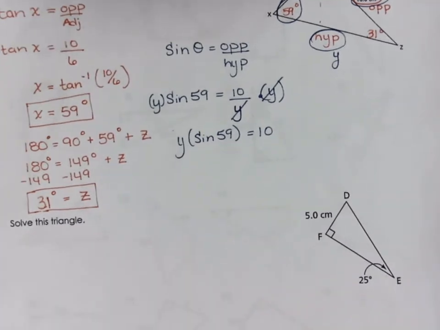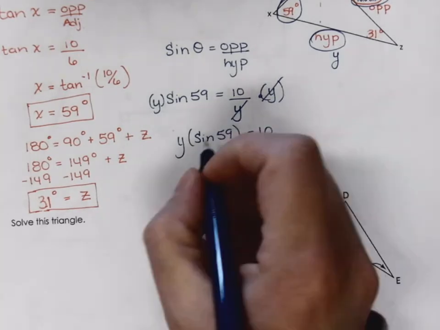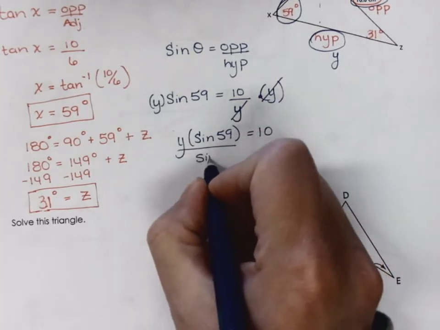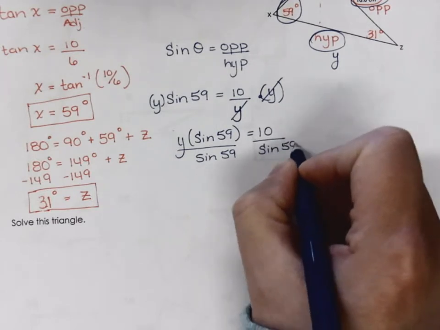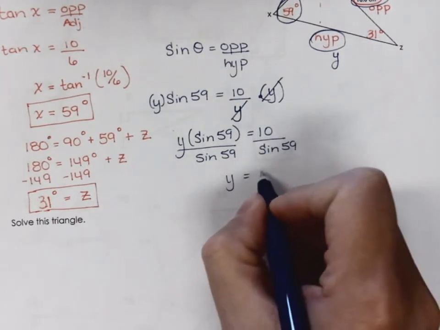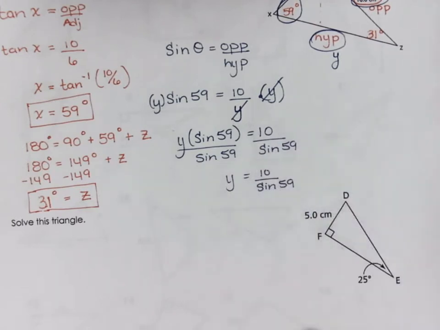I want y by itself, so I want to get rid of the sine of 59. If they're multiplied, the opposite of multiply is divide. So y is equal to 10 divided by sine of 59.